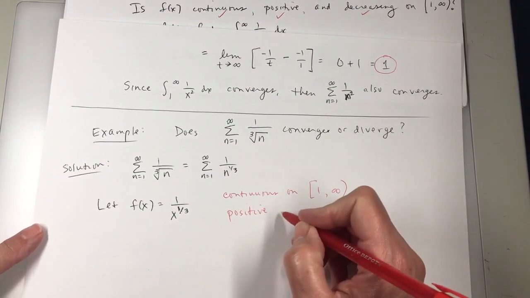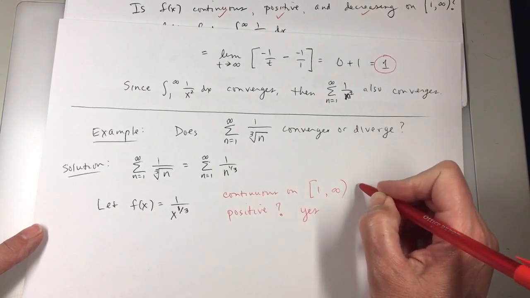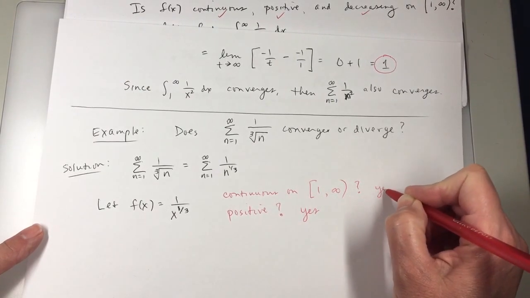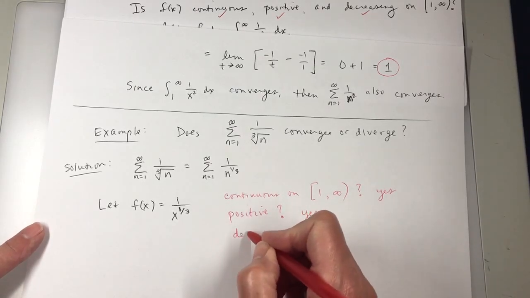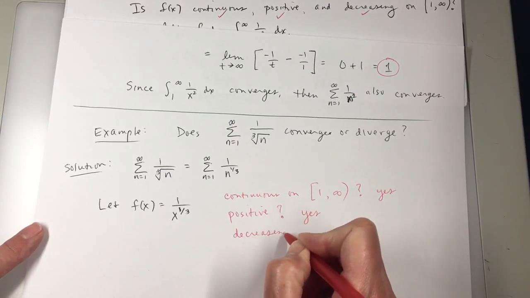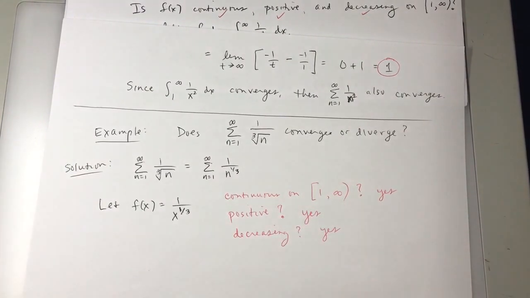Yes. Here, I might put a little question mark there. Continuous? Yes. Positive? Yes. Is it decreasing? Yes. Some of them are obvious that they're decreasing. Some of them are not quite so obvious.